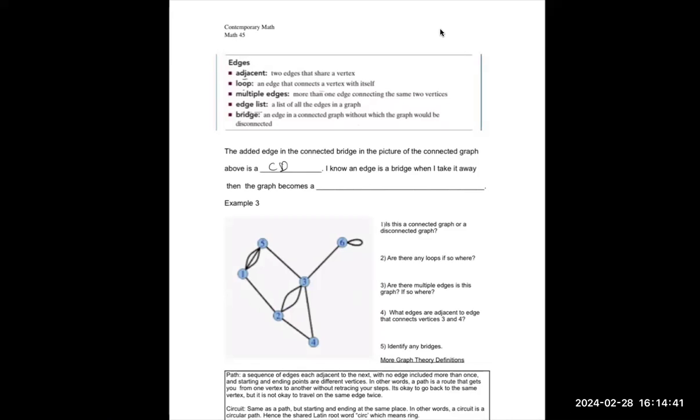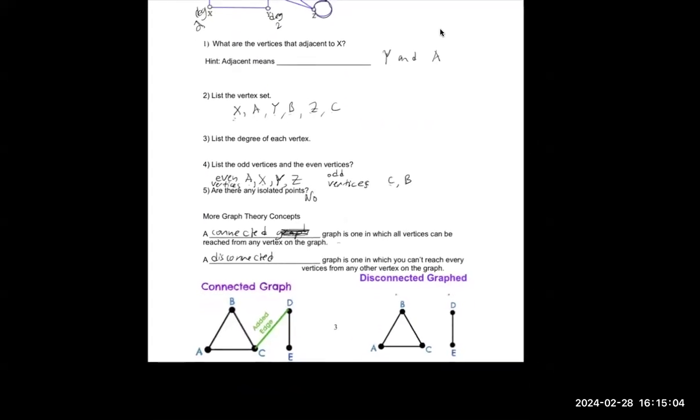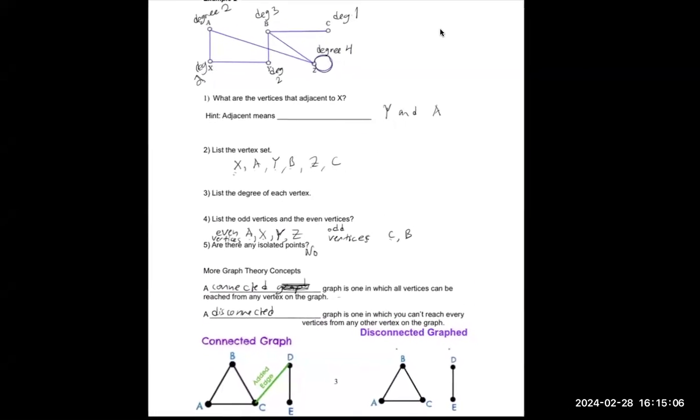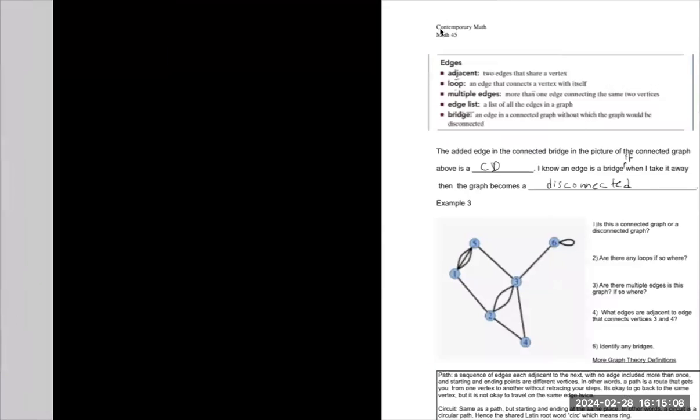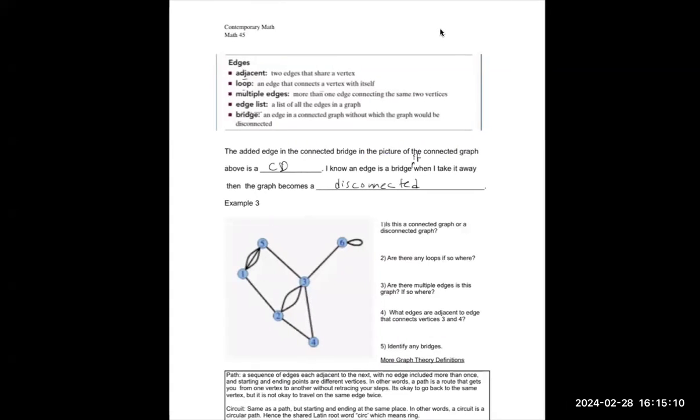An edge is a bridge, I should really put the word if here, if when I take it away from the graph, then it becomes disconnected. So later on, we're going to have to really think about which edges are bridges and which edges are not. You can always tell because if you take away a bridge, then it makes the graph disconnected.